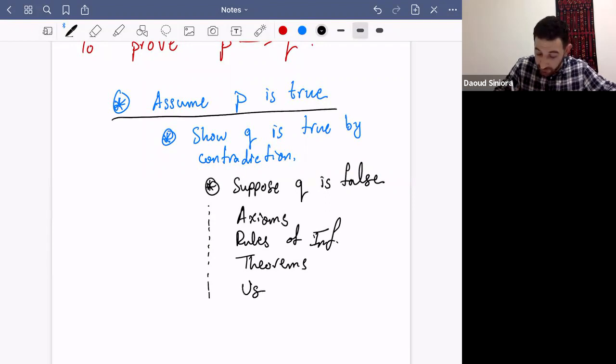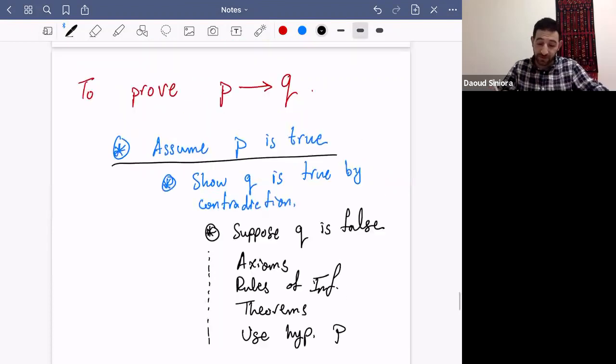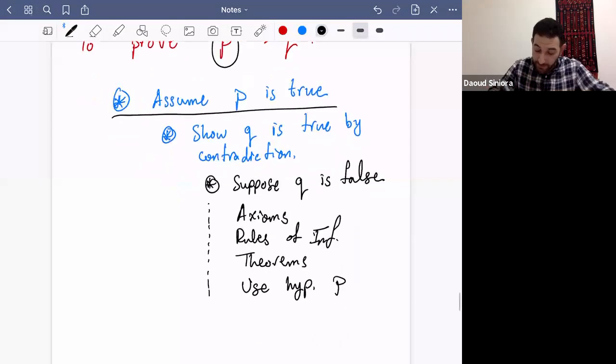So use P, the hypothesis of the conditional statement that we want to prove. Use P to get a contradiction.